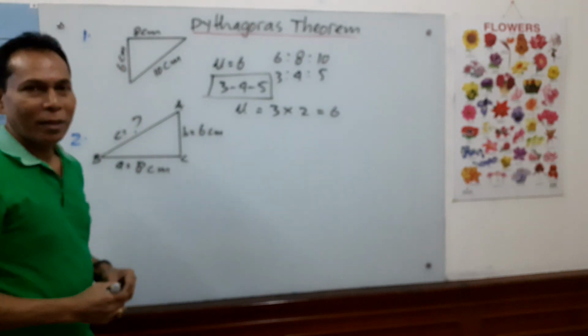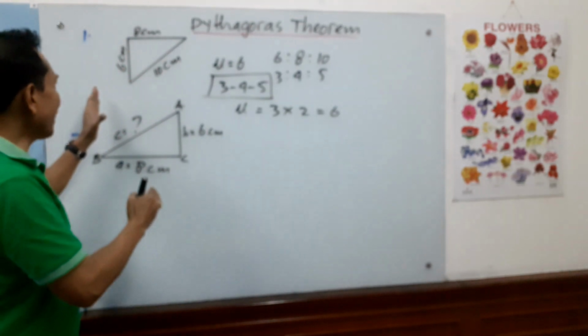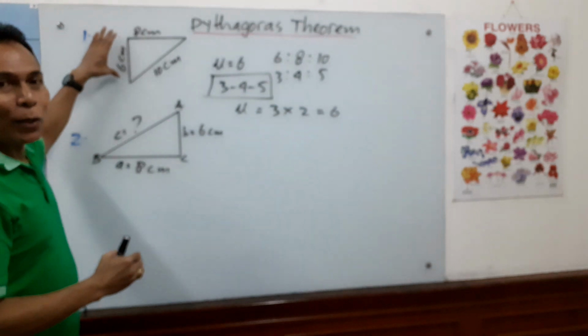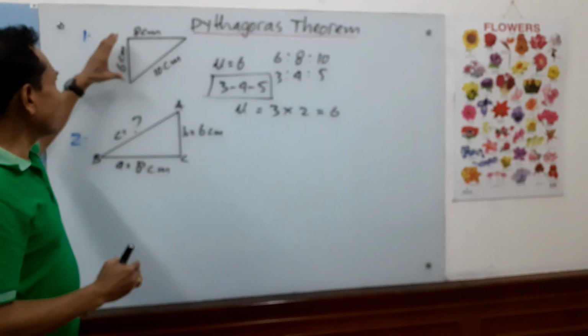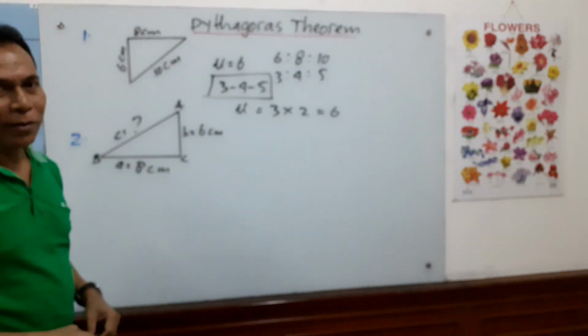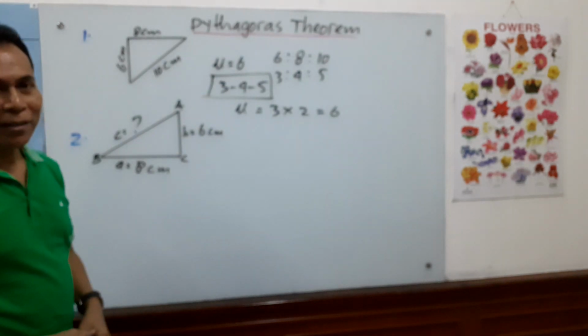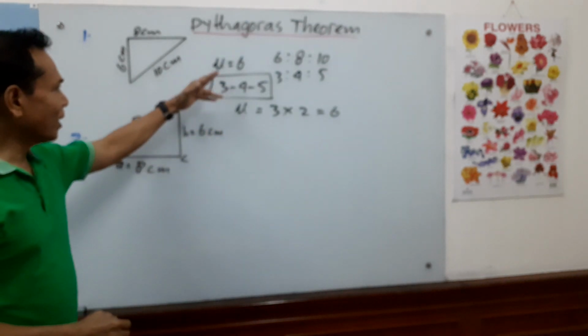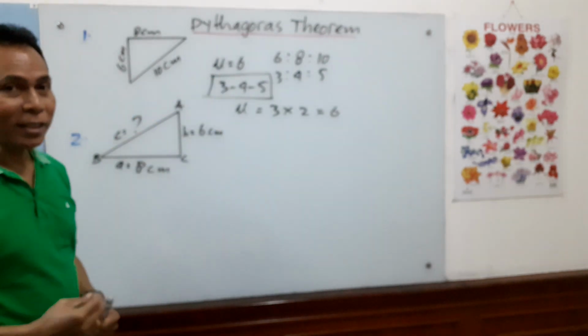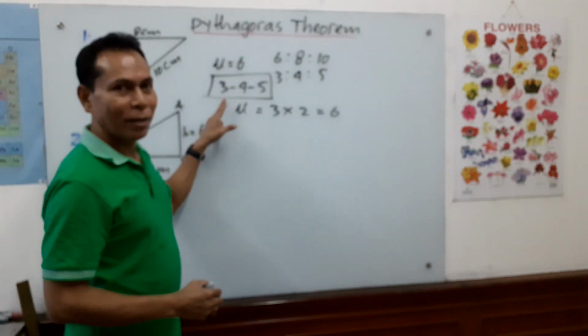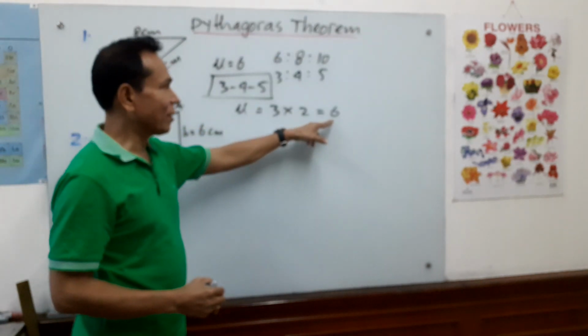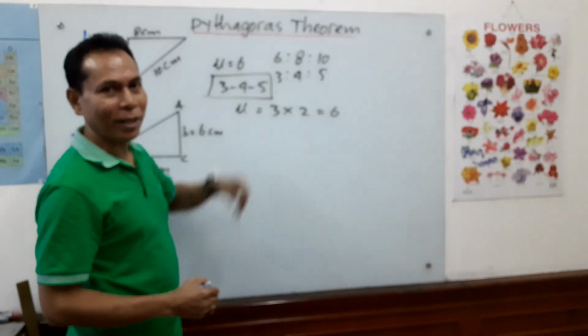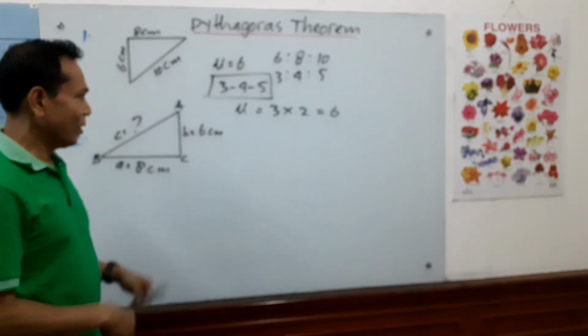This is the way you work out an unknown side of this kind of triangle. It's done. So your x equals 6, and 6 comes from 3 multiplied by 2. You put it here in the ratio. It's done.